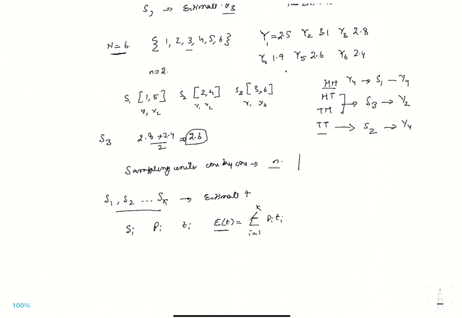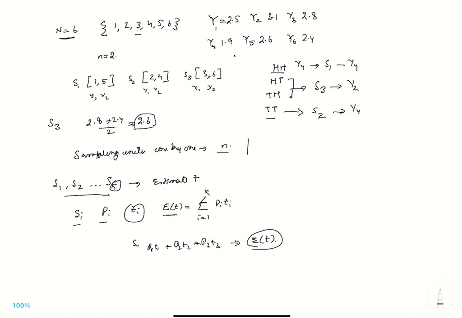So if you have samples S1 all the way up to Sk, and each of them gives you an estimate Ti, you get P1 T1 plus P2 T2 plus P3 T3, which will give you an expected value of T for the population. So the expected value is really just the weighted average of its value over all possible samples.